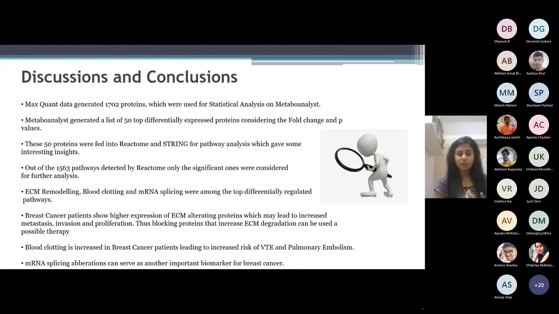Blood clotting is increased in breast cancer patients, which can lead to different types of complications such as VTE, pulmonary embolism, etc. Finally, mRNA splicing aberrations can serve as an important biomarker for breast cancer, since mRNA splicing proteins were found to be downregulated in the proteomics analysis which was carried out.